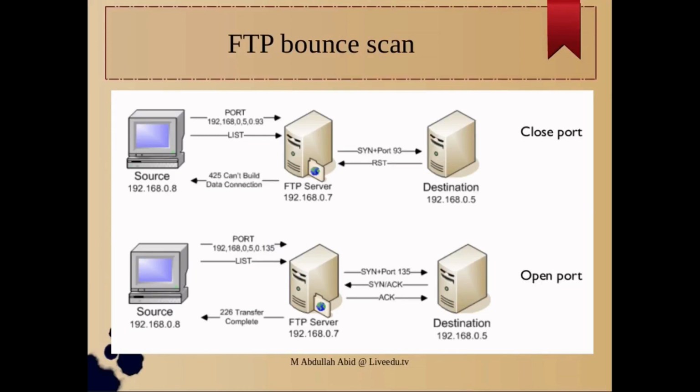If we get a reset from the destination to the FTP server, and the FTP server responds with an error message that it can't build the data connection, that means a closed port. And if we get the transfer completion acknowledgement, that means the port is open.